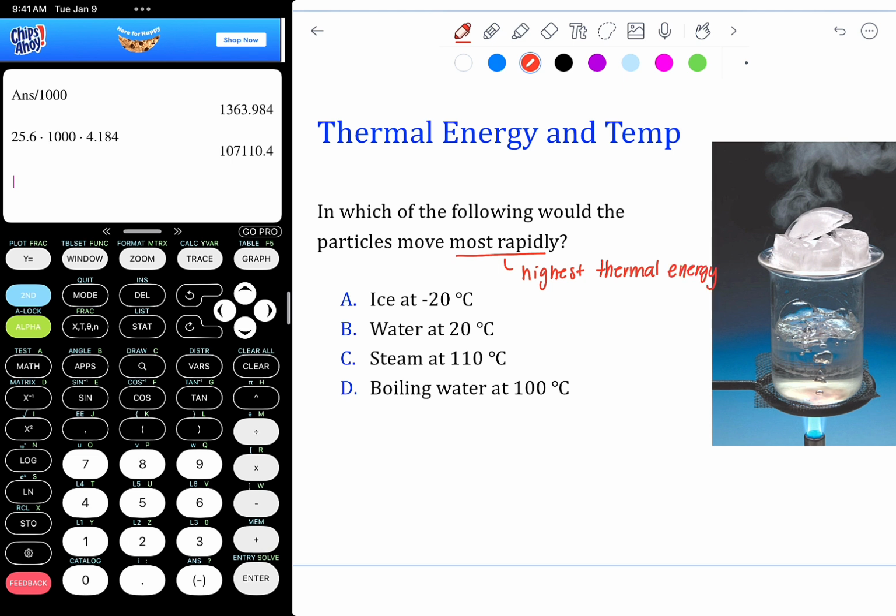And if they have the highest thermal energy, they would be considered the hottest. So out of all of these options, steam is the hottest because it has the highest temperature. So highest temperature is equal to the highest thermal energy. Okay.